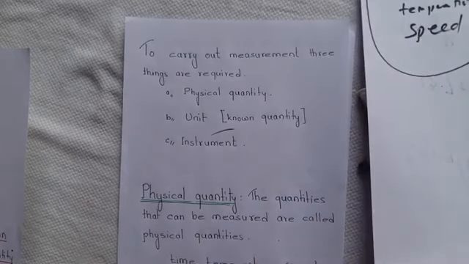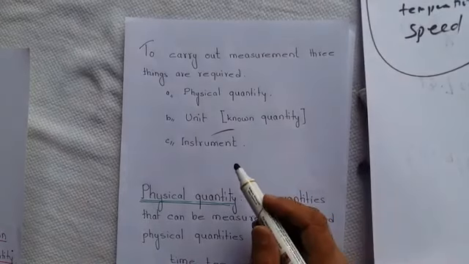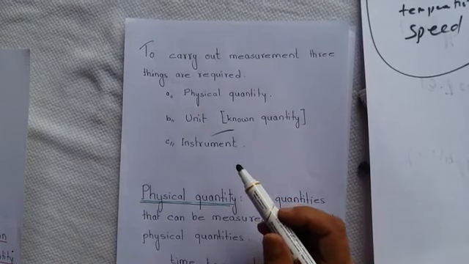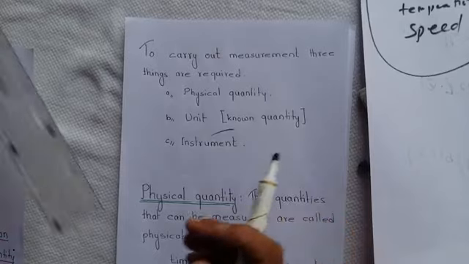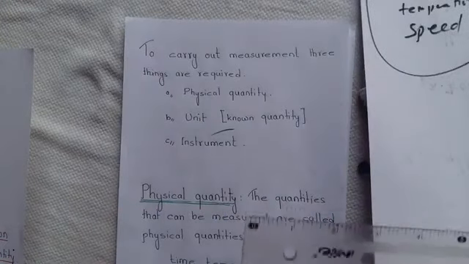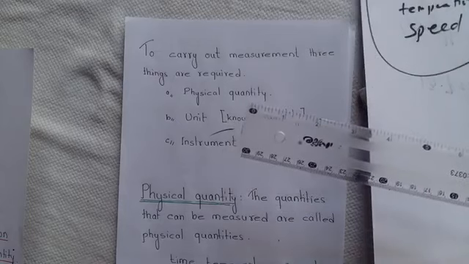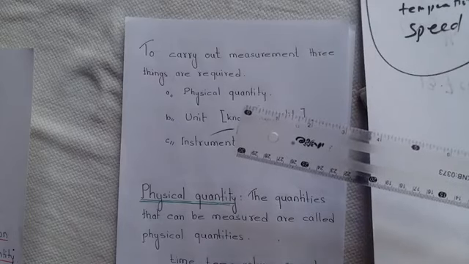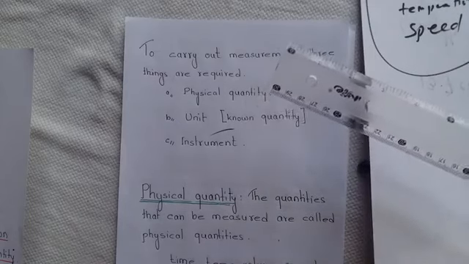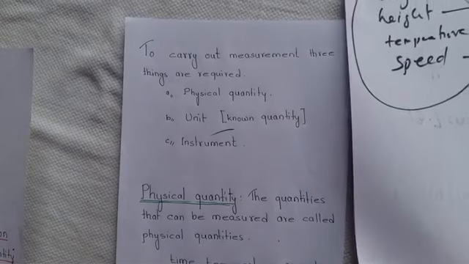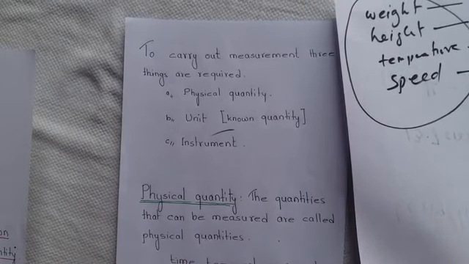So now, the last and the most important is instrument. Here we have one instrument, ruler. It is used to measure the length of an object. So it's an instrument. So for measuring a weight, we need an instrument. For measuring the temperature, we need an instrument.